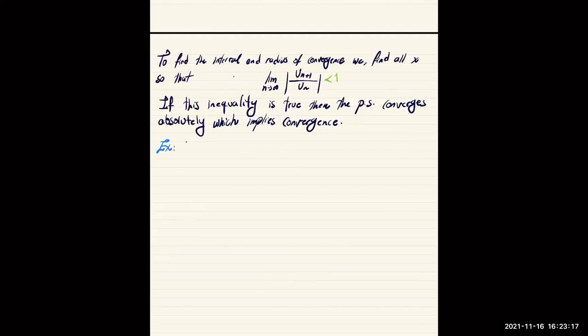Let's say we have this series, going from 0 to infinity of n factorial times (x plus 5) to the power of n. Okay, so notice that in this power series, if you want to identify the coefficients, they are given by n factorial.